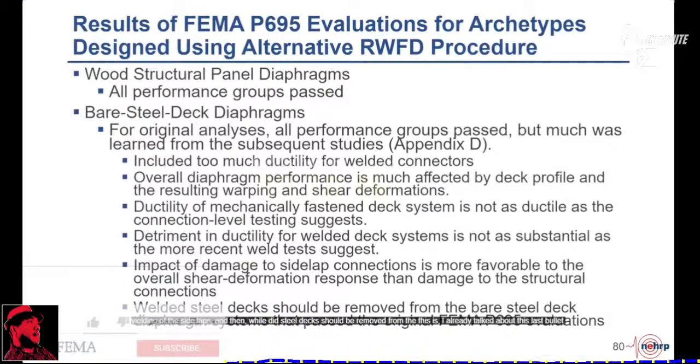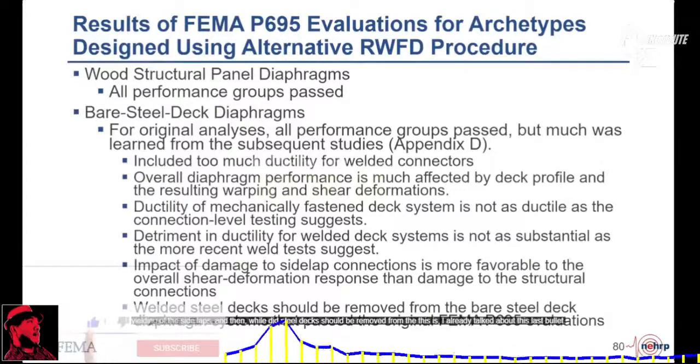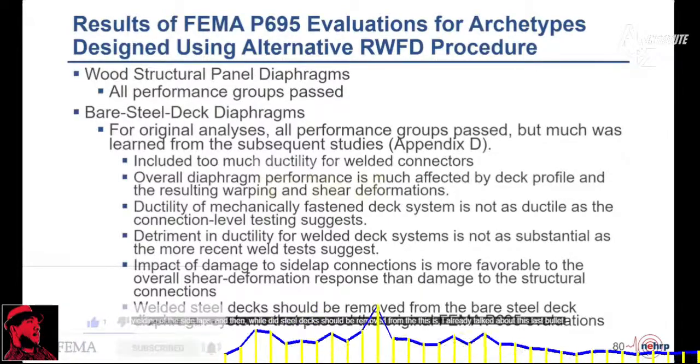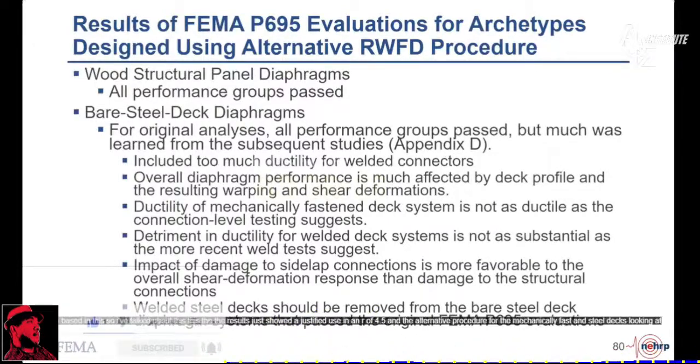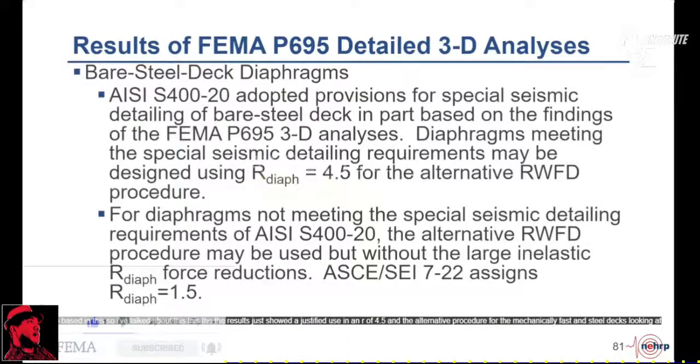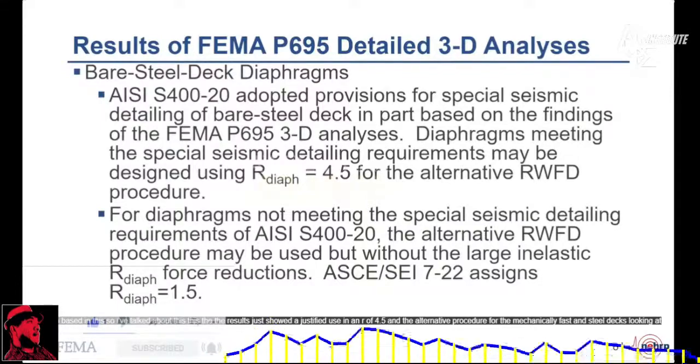And then welded steel decks should be removed, which I already talked about. Based on this, the results justified using an R of 4.5 in the alternative procedure for the mechanically fastened steel decks.